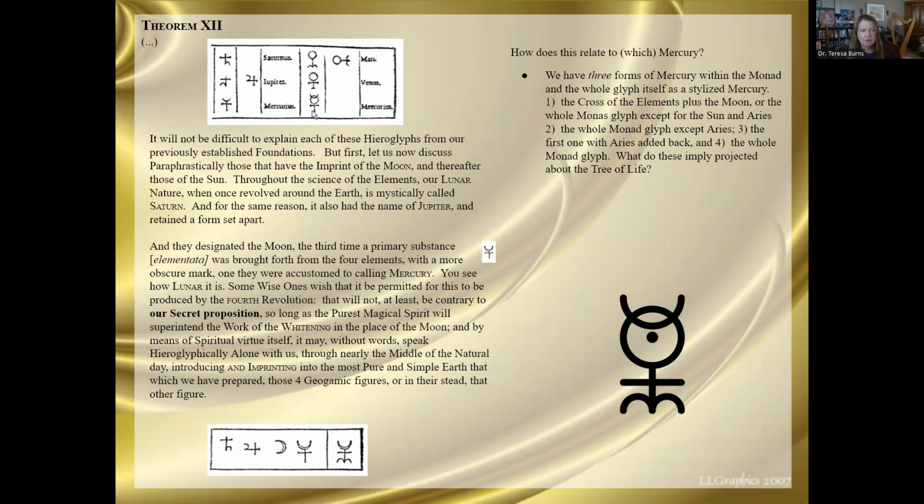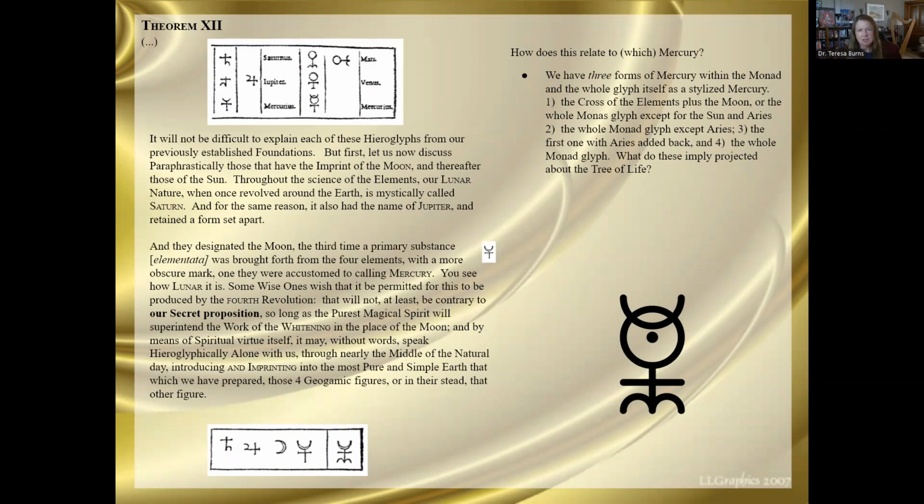Then you have over here in the 4th column another one, which is the whole monad glyph except for Aries at the bottom. Then if you go straight down, you have this fifth hieroglyphic figure he's been talking about that is another symbol of Mercury. It's the first one, but now it has Aries at the bottom.